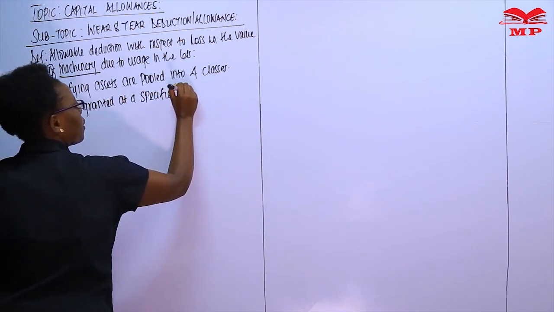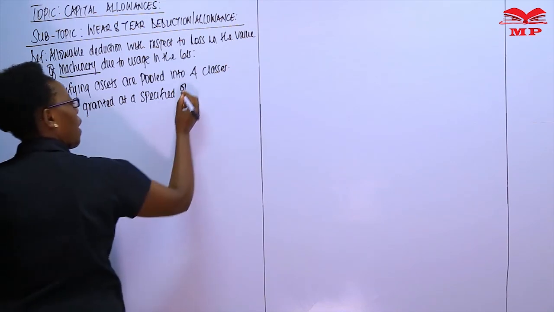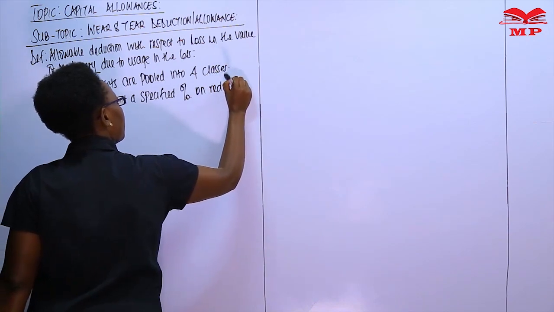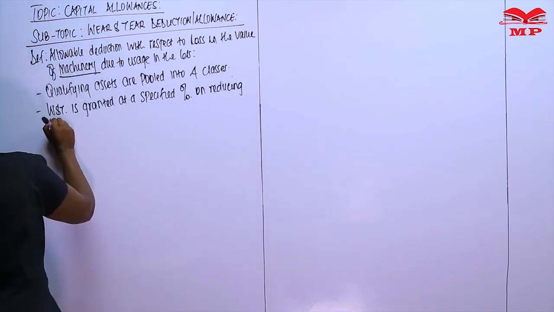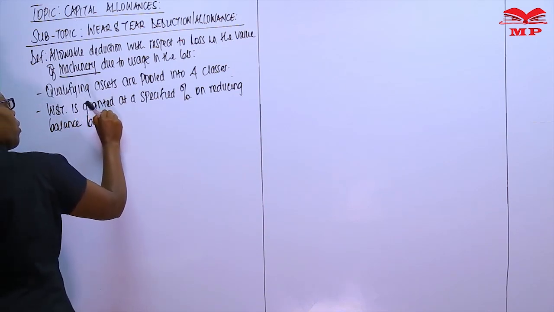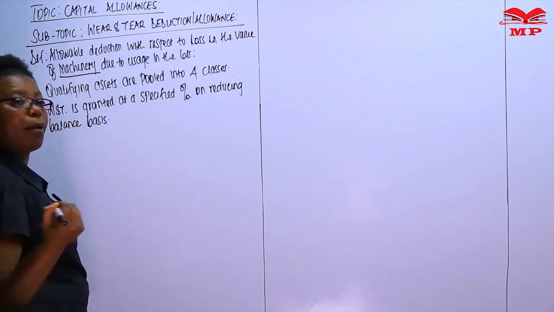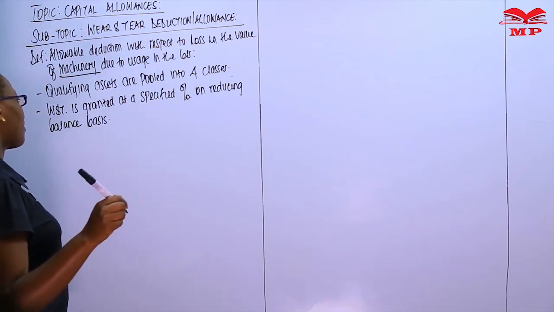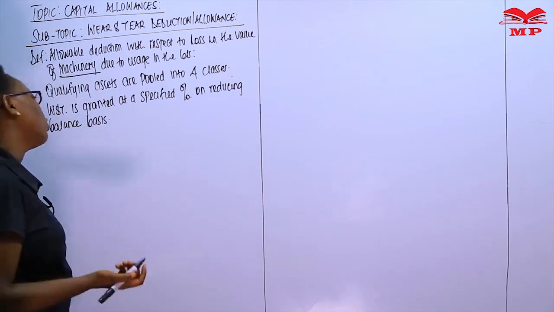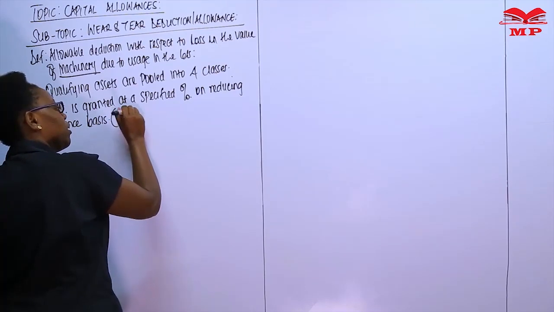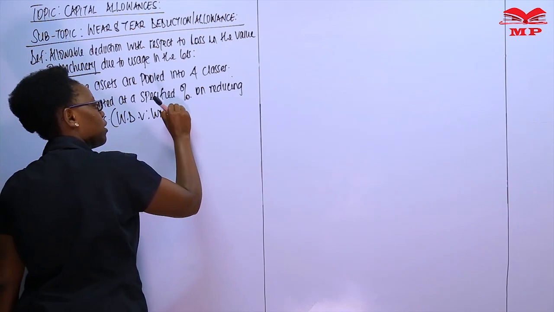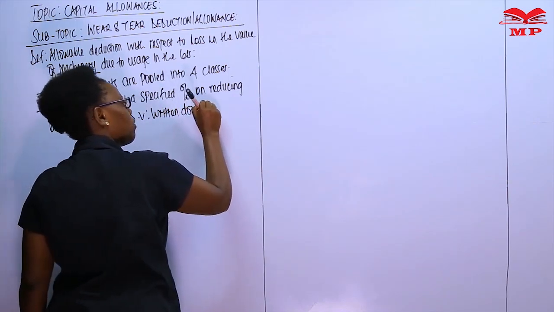This percentage is specified by the commissioner on reducing balance basis. We said in our earlier lesson that reducing balance basis gives you the accounting equivalent of net book value, which is called WDV, or written down value.